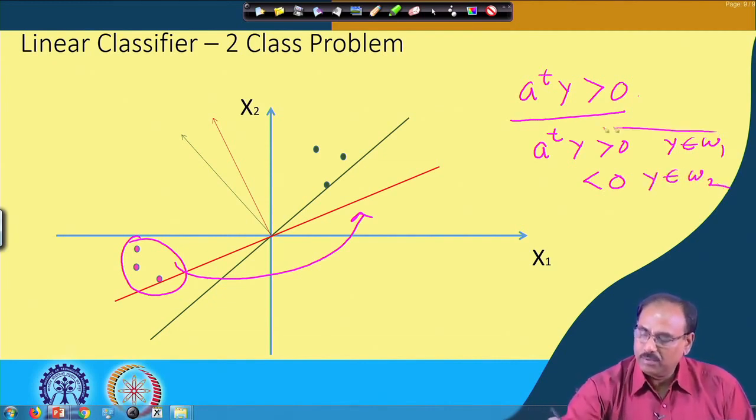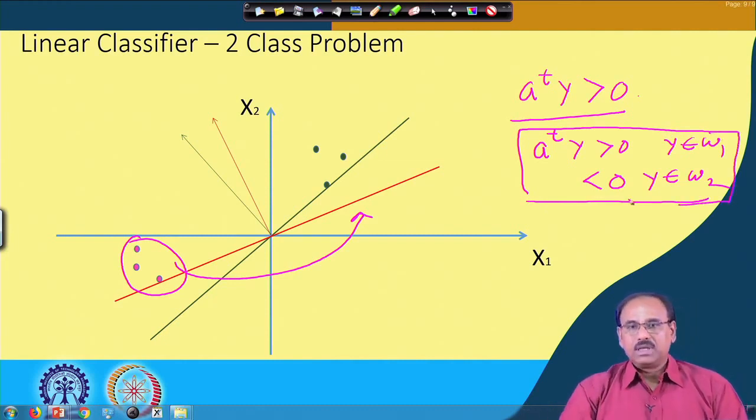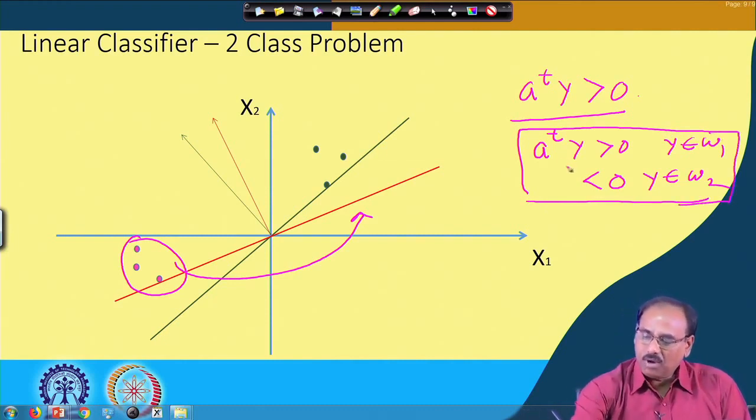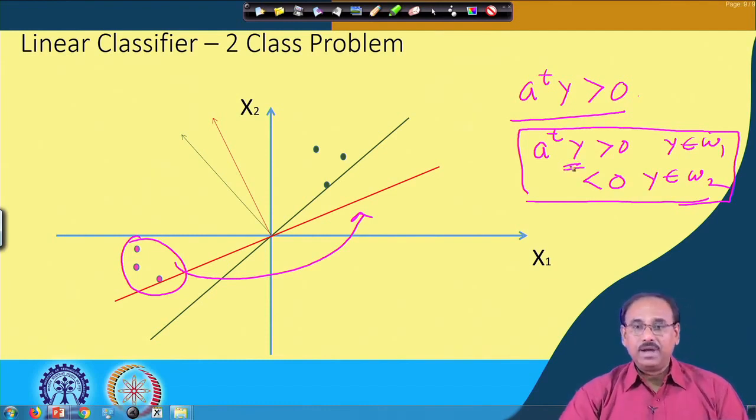This is what we will do during testing, because in that case I do not know from which class the feature vector y has been taken, because that is what I have to decide. But during design with the training vectors, I know from which class which training vector has come. So, I can negate y for all the y taken from class omega 2, and that is what has been done over here.